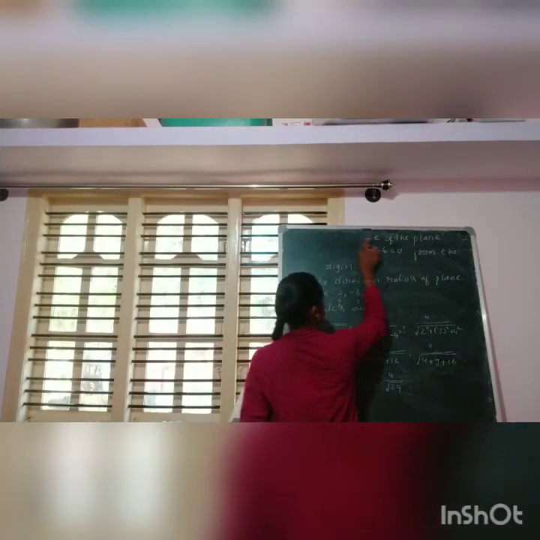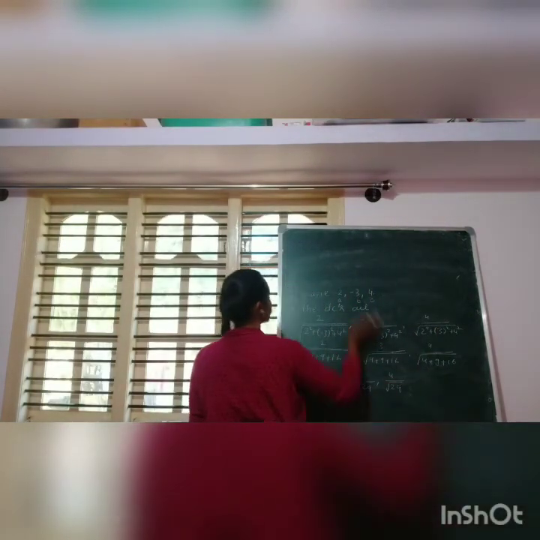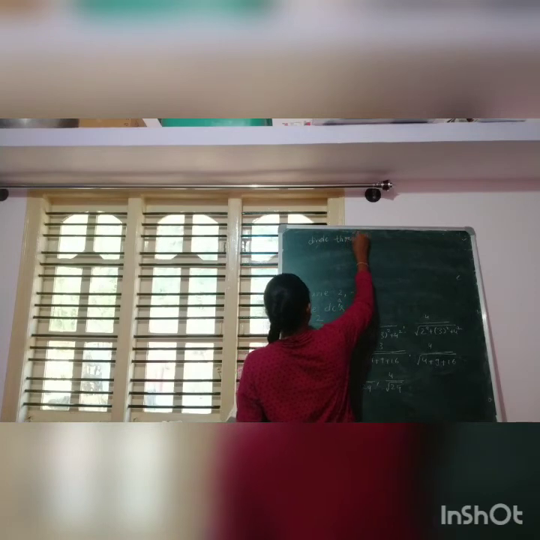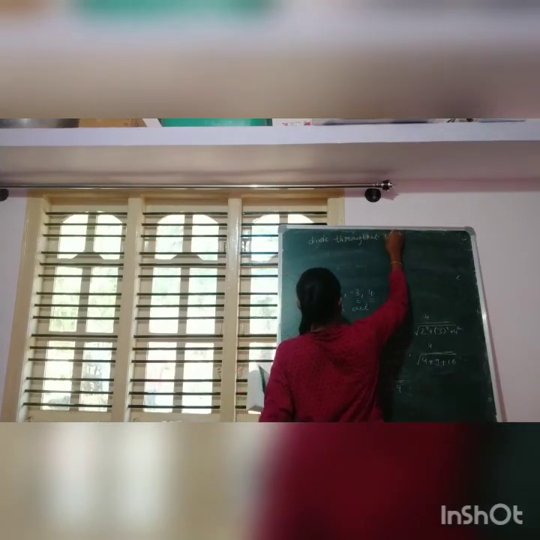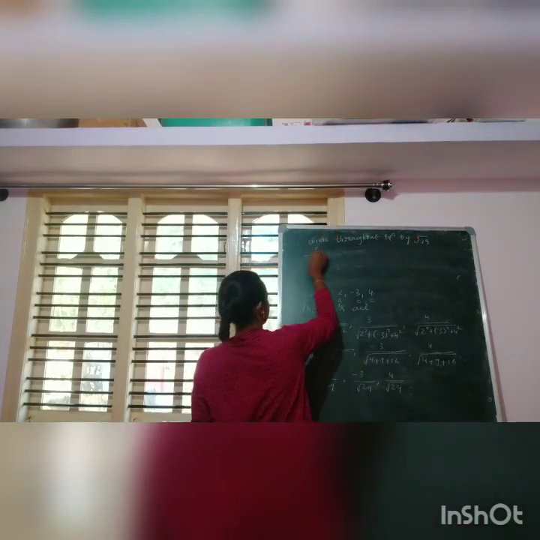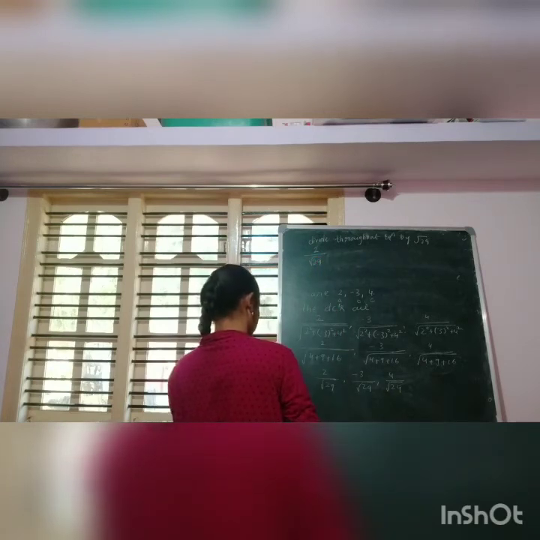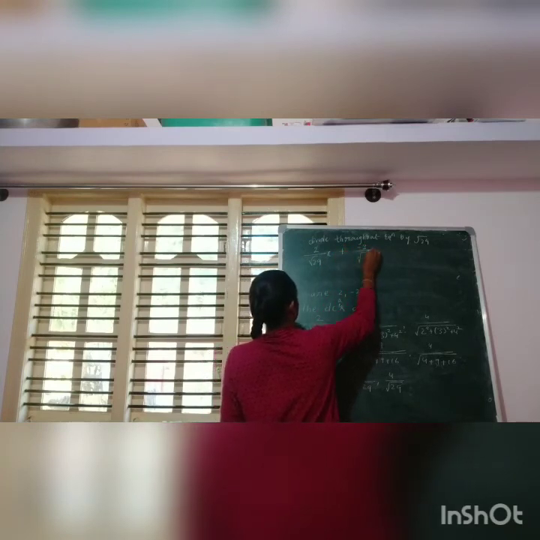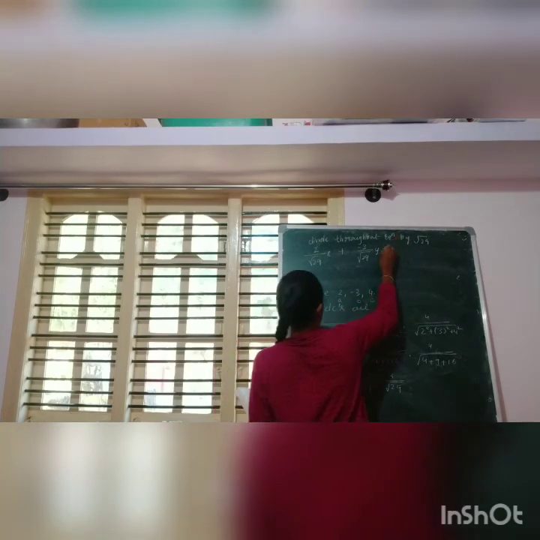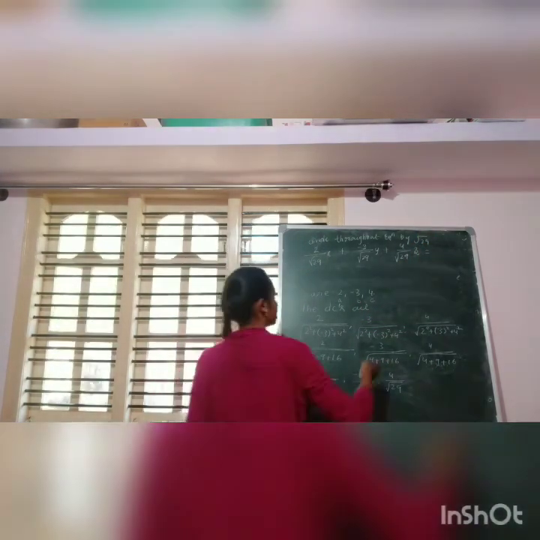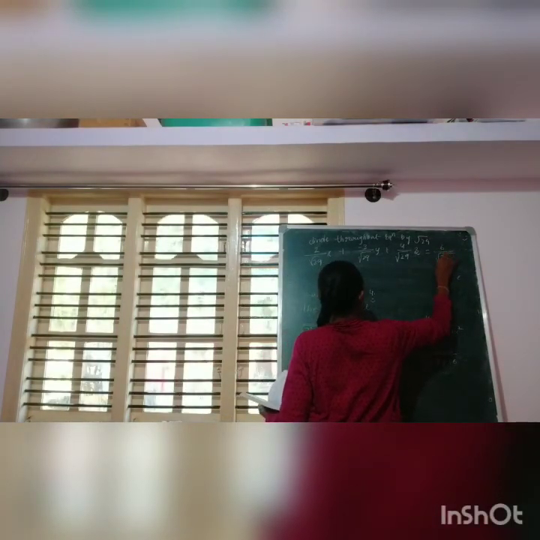Here what you will get: 2 by root 29 x, plus minus 3 by root 29 y, plus 4 by root 29 z, and you can take the minus 6 to that side, it will be a plus. Therefore, 6 divided by root 29.